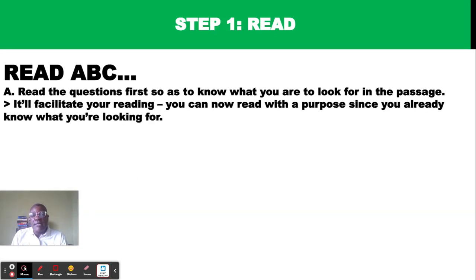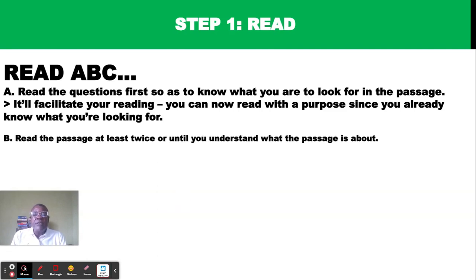Now, that's exactly what it is. It will facilitate the process. It facilitates your reading. You can now read with a purpose since you already know what you are looking for. So that's the benefit of reading the question first. Then B, read the passage at least twice or until you understand what the passage is about.